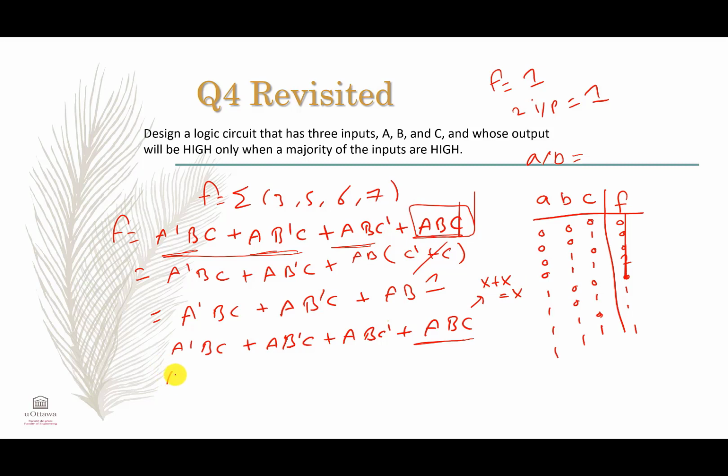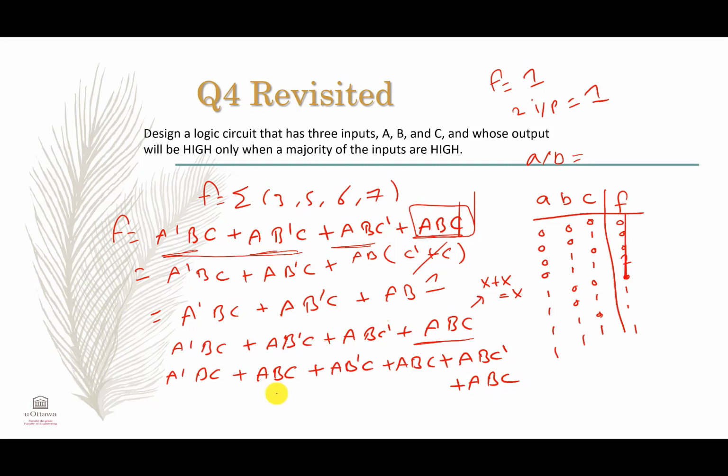Okay, so a prime bc plus abc, plus a b prime c plus abc, plus a b c prime plus abc.